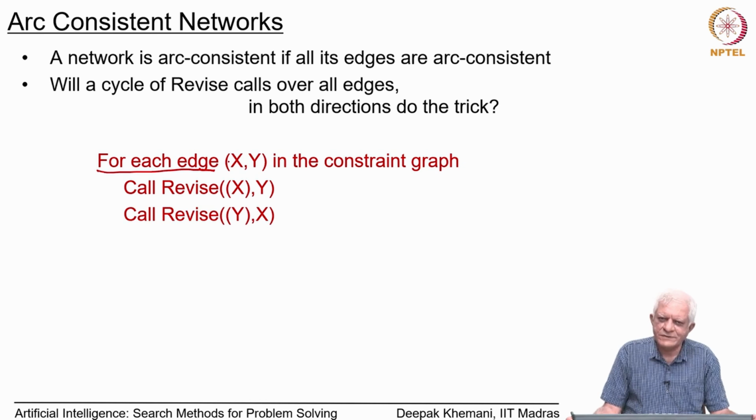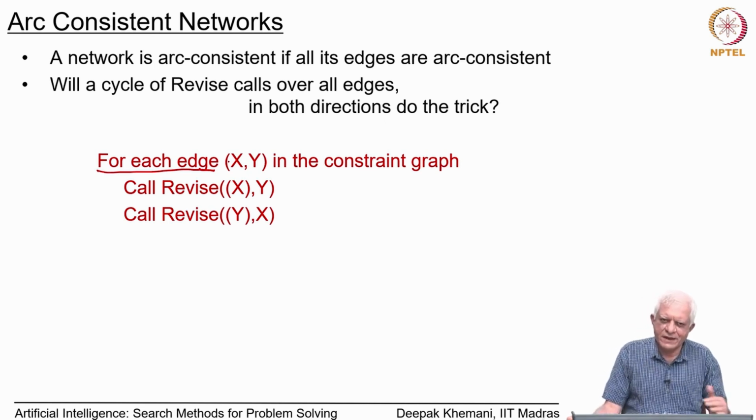I would like you to pause here and try to imagine this algorithm, maybe write a small constraint graph, maybe use a map coloring example or something, and see whether this algorithm will work or not.